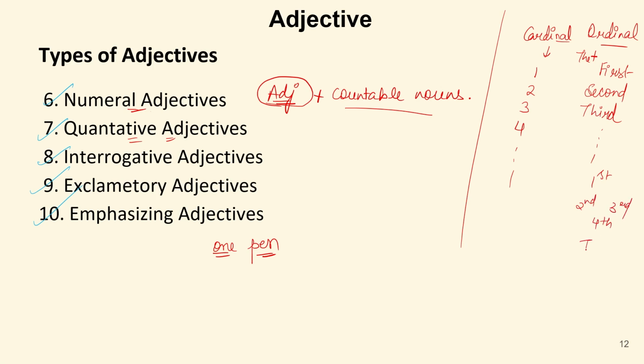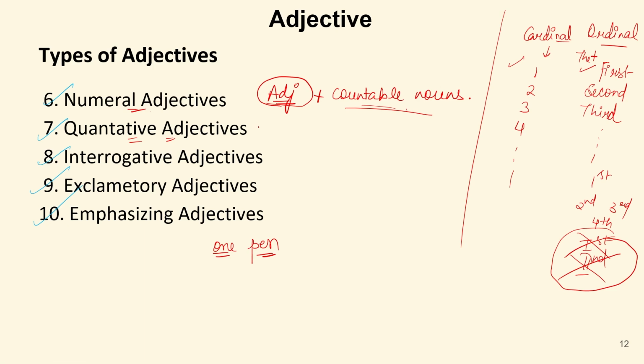But it cannot be written like this. This is incorrect, because these are Roman numbers. So these are ordinal numbers and these are cardinal numbers. Both of these are called numeral adjectives. If I say first chapter, that word first is again a numeral adjective, and they are basically used with countable nouns.